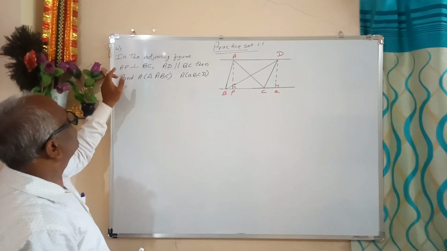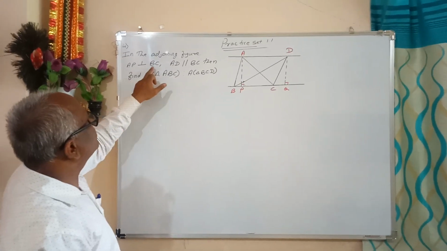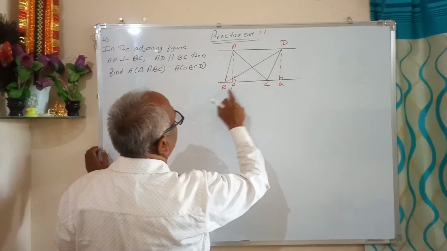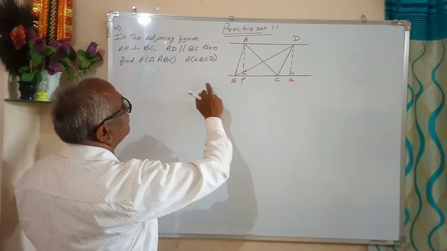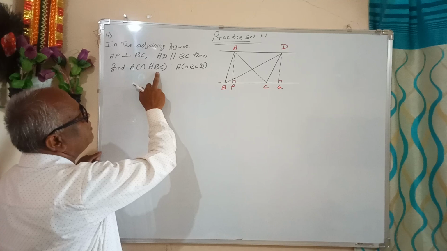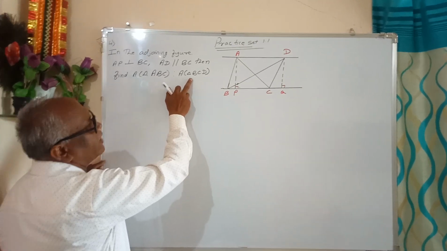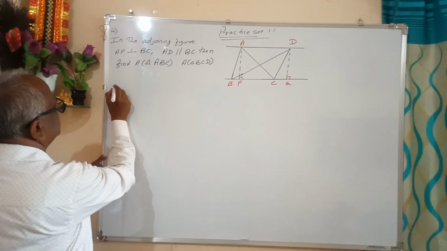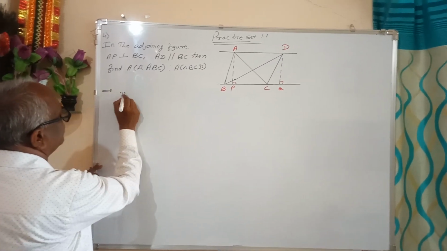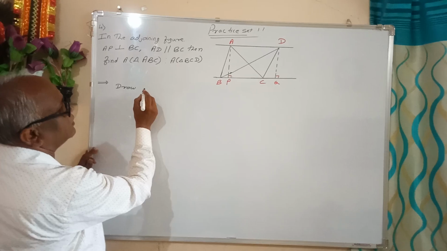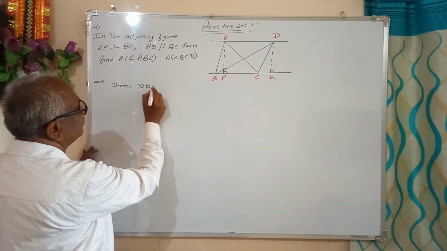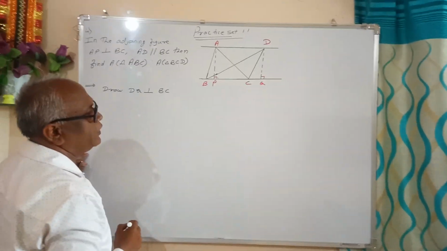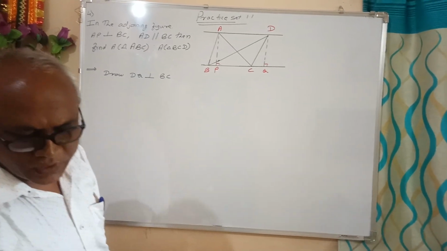Now example number 4. In the adjoining figure, AP is perpendicular to BC and AD and BC are parallel. Then find the area of triangle ABC to the area of triangle BCD. Now here, draw DQ perpendicular to BC. DQ perpendicular to BC.